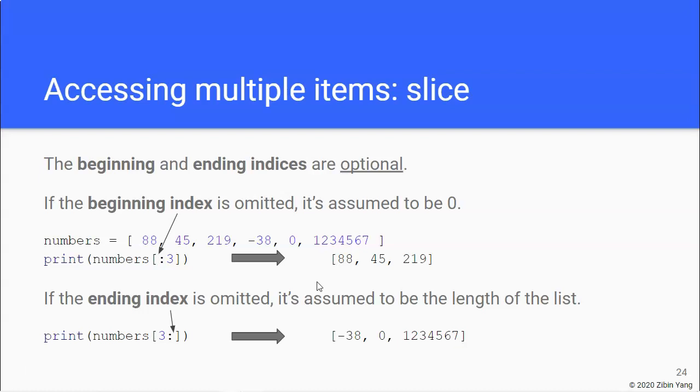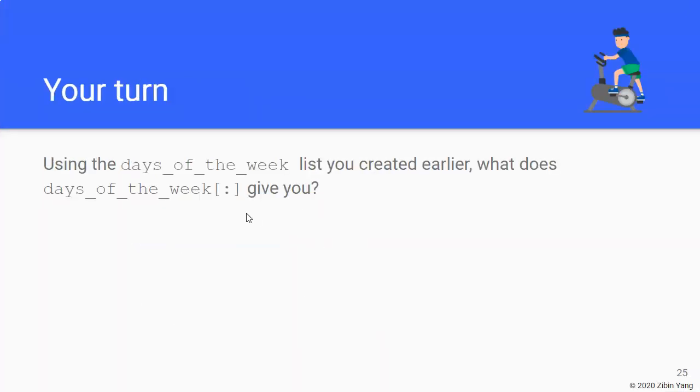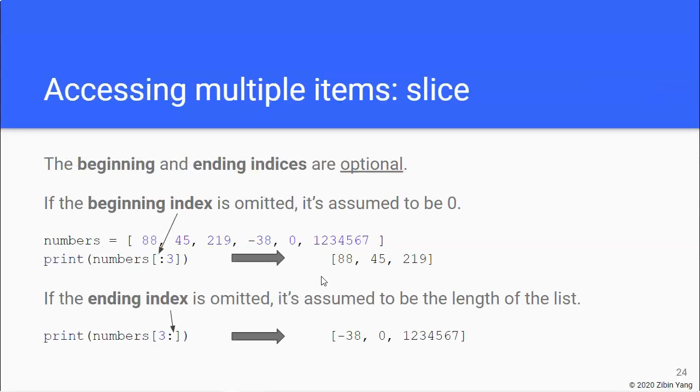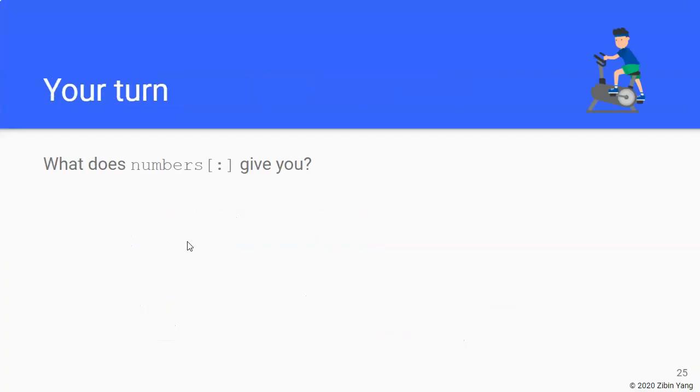Now, given this definition, what do you think if we omit both the beginning and the end index? What slice are you going to get? Well, given the default values for the beginning and the ending index, if they're omitted, what list do you think this expression would give you?